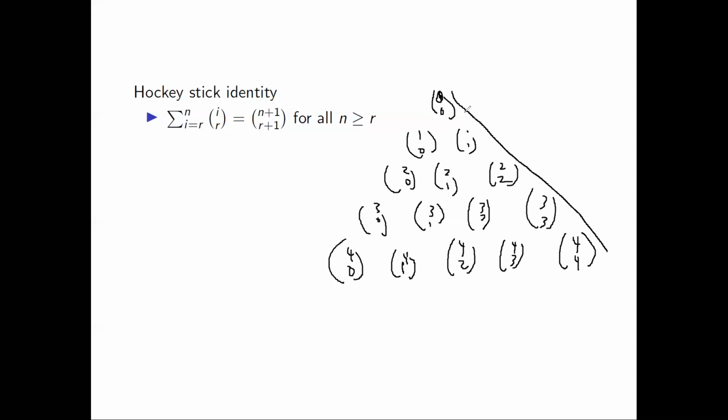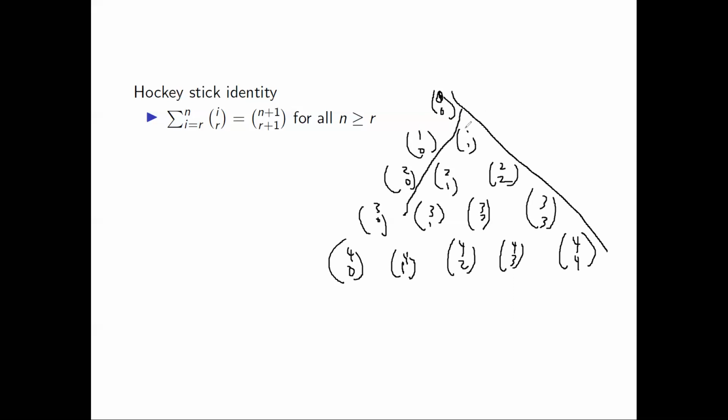So we can do R equals 1. And then we make some hockey stick. So we go up to some N, and we look at the sum R choose R, plus R plus 1 choose R, plus R plus 2 choose R.